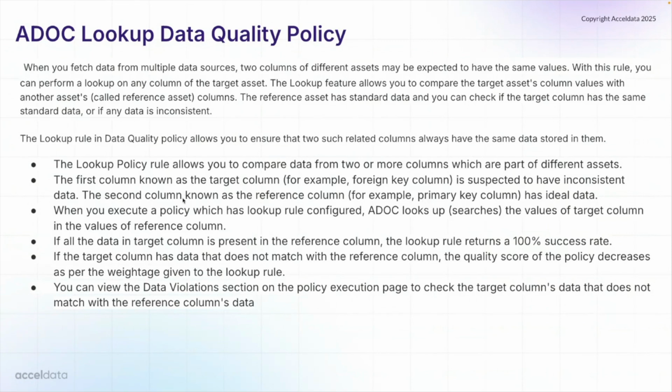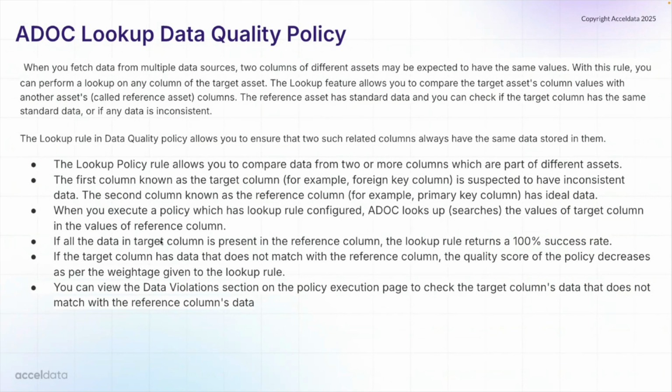When you execute this policy, the lookup rule is configured in such a way that the ADOC data quality rule will look up, or search, the values of the target column in the values of the reference column. So it basically does a database lookup, which is a concept that we usually have in most ETL or database side tools.